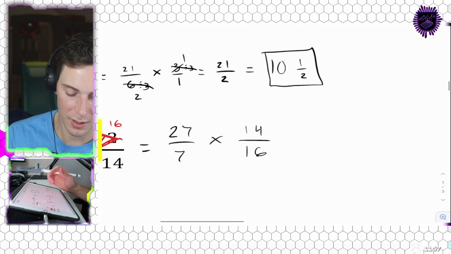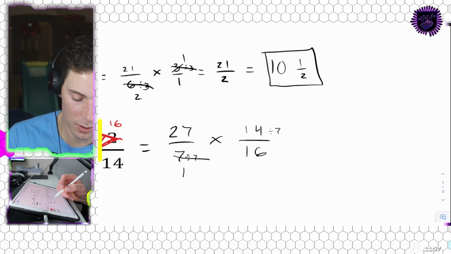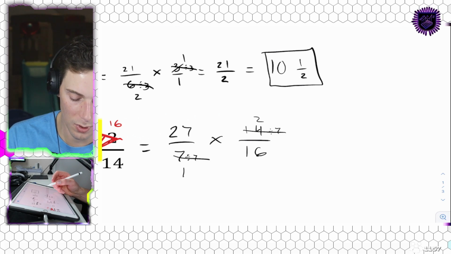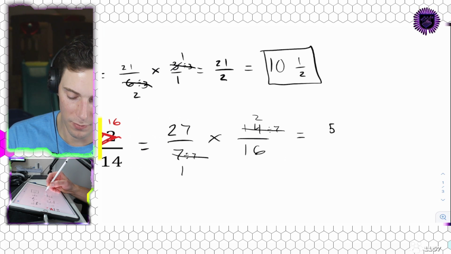Okay, let's cancel out here. So 7, we can divide by 7, which equals 1 and 2. And then this will be equal to 54 16ths.